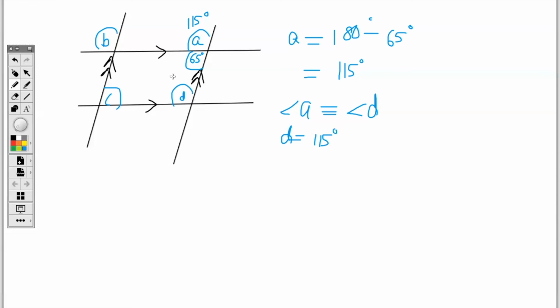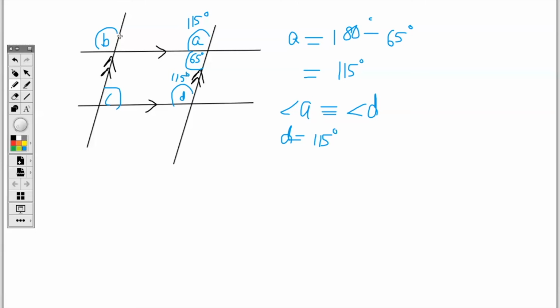You could find the angle another way, where since I have parallel lines and the transversal line, these are interior angles. So 65 plus D should give me 180. So I can say 180 minus 65 degrees, and that will give me 115 degrees. Just remember, interior angles are between the two parallel lines and the line that is drawn as a transversal line.